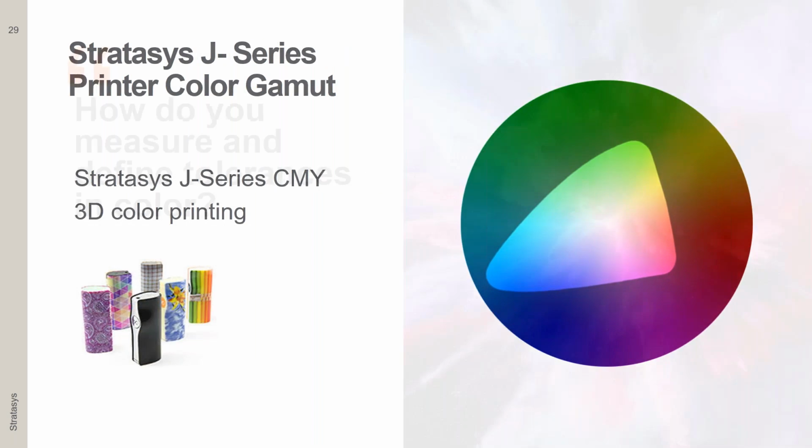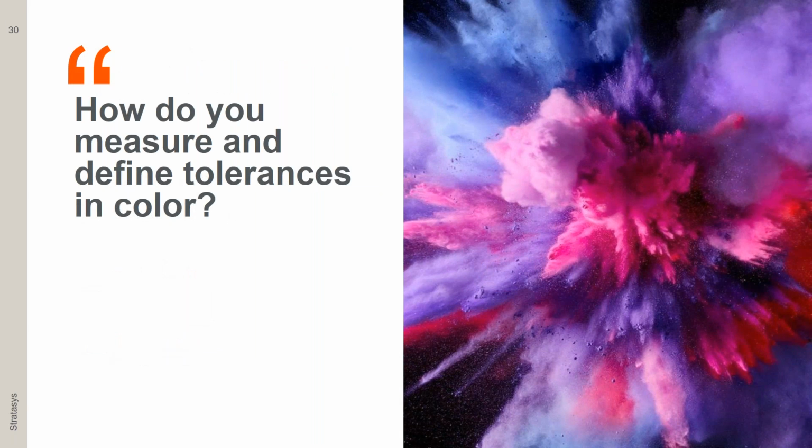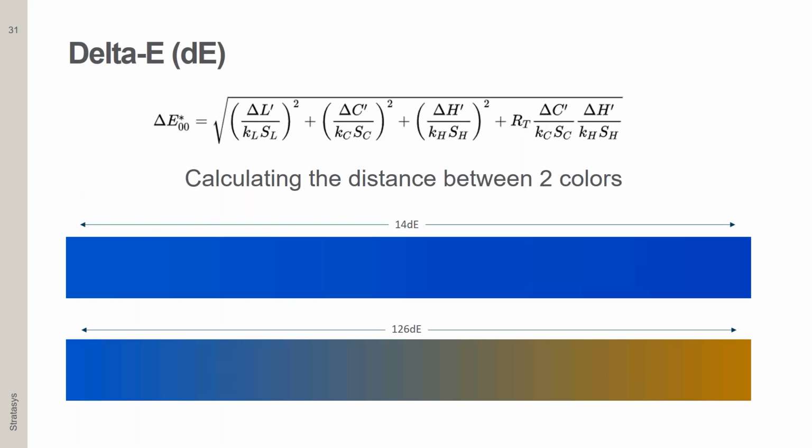Good. That's about the color gamuts. So our last challenge is how do we measure and define tolerances in color? There must be a way to define a tolerance because somebody has to produce a part and the designer tells them, hey, print this part in this specific color with a specific tolerance. Therefore, we have this very, very simple calculation.